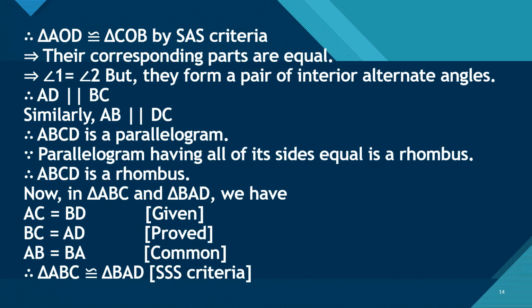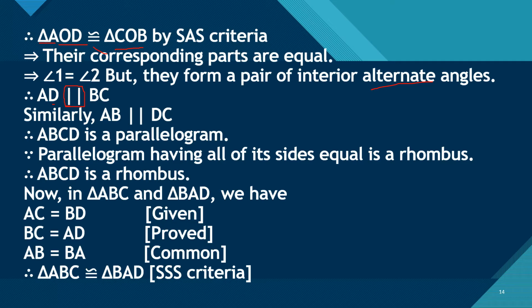Therefore, triangle AOD is congruent to triangle COB by SAS criteria. Their corresponding parts are equal. Therefore, angle 1 is equal to angle 2, but they form a pair of alternate interior angles. So, AD is parallel to BC.